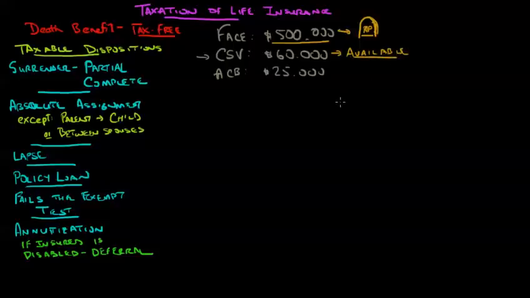And if you're going to take that whole cash surrender value, then you have what's called a complete surrender of that policy. And in a complete surrender, you are giving up your insurance, so there will be no more insurance here, but you'll get all your cash value. So no more premiums to pay, no death benefit, all that kind of stuff. So no more insurance, but the full cash value.